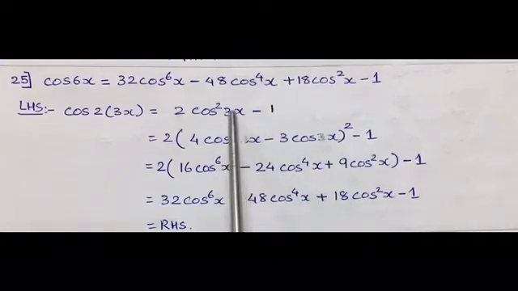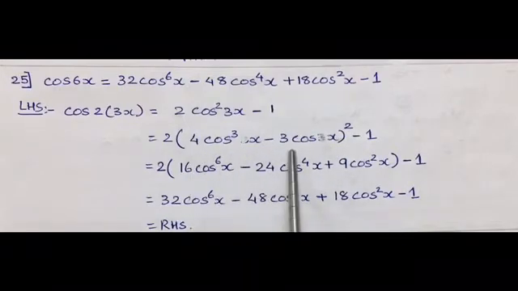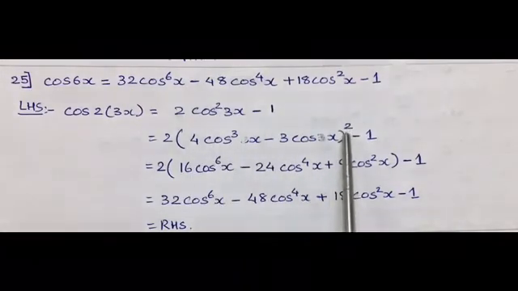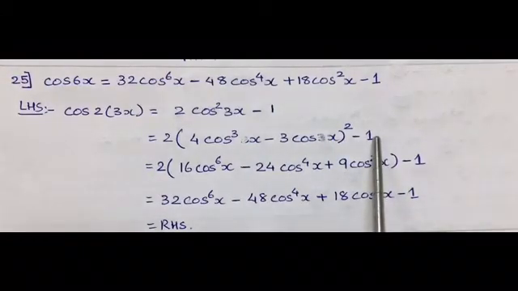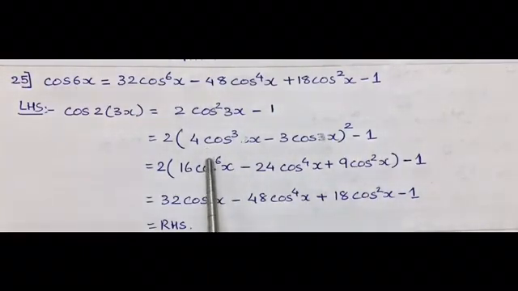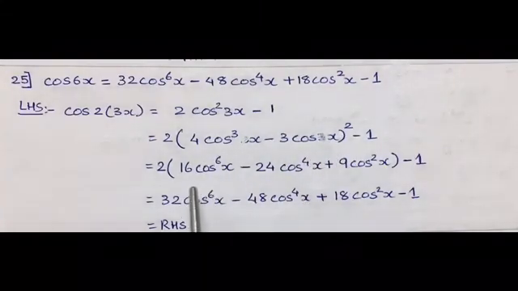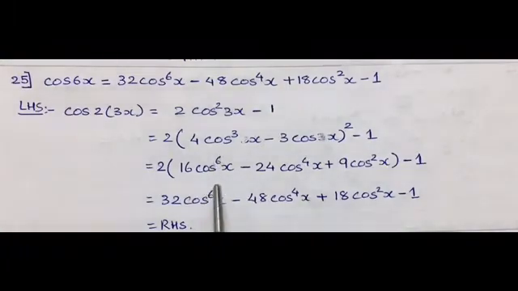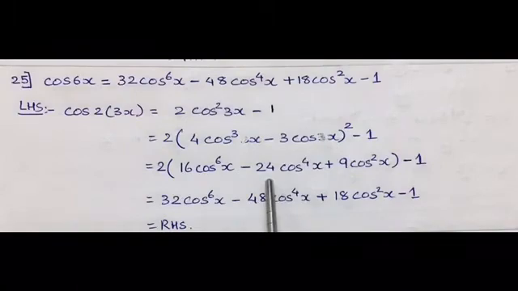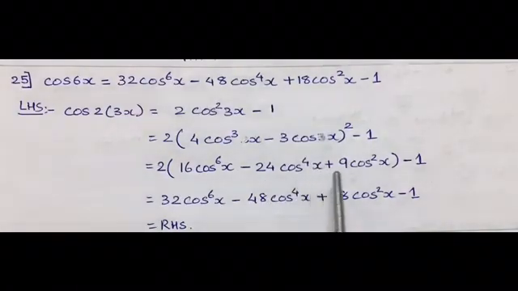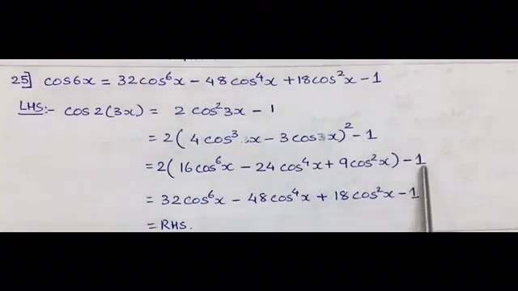So we have converted this 3x in terms of x by using the formula, and the square remains as it is, and minus 1 is again carried forward as it is. Now using the formula of (a minus b) whole square, we get it as 16 cos to the 6 x, minus the middle term, minus 24 cos raised to 4 x. Last term is 9 cos square x, minus 1 carried forward.